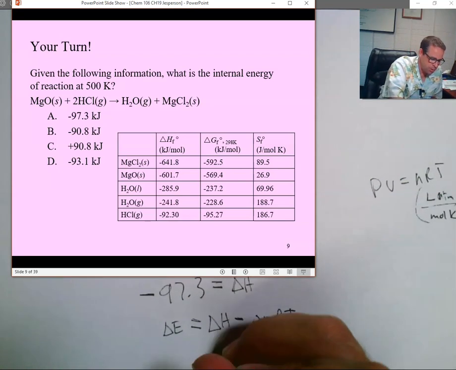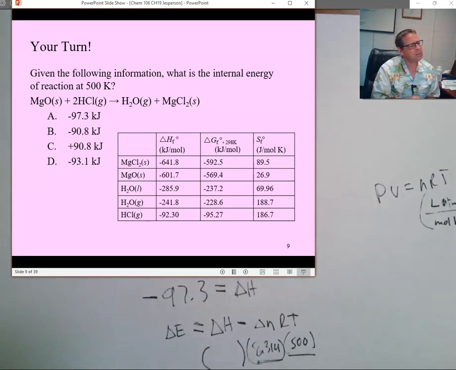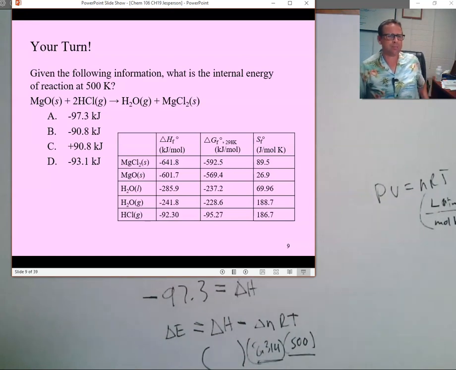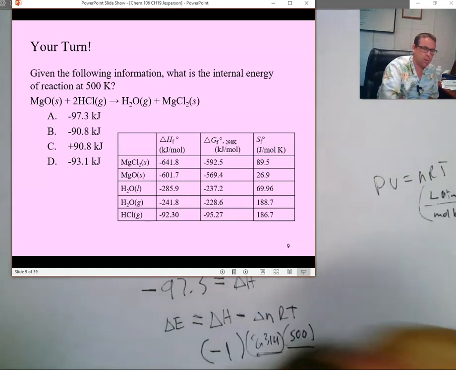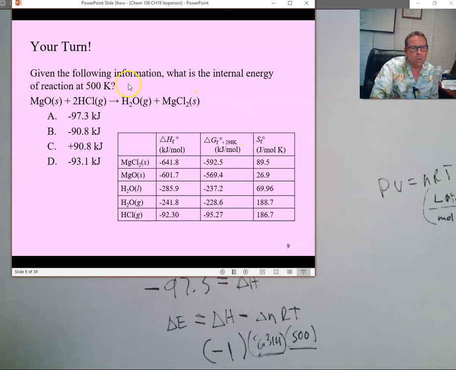What's the delta N for this reaction? I think Alyssa told us the last reaction is delta N. So Sarah, can you tell us the delta N for this reaction? I think it would be -1. Yes, that's right, -1. Because on the right we have 1 mole of gaseous material, that's 1 mole of water.